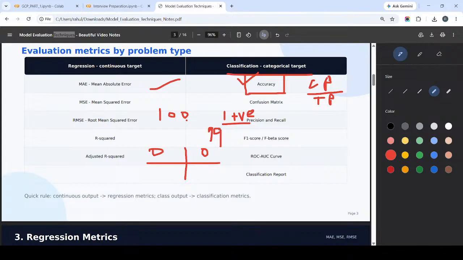As I was telling, we have a very naive model which is telling that no one has cancer. If we deploy that model and check our accuracy, the number of correct predictions will be 99. It is making only one incorrect prediction, for that one patient, and the total predictions are 100.